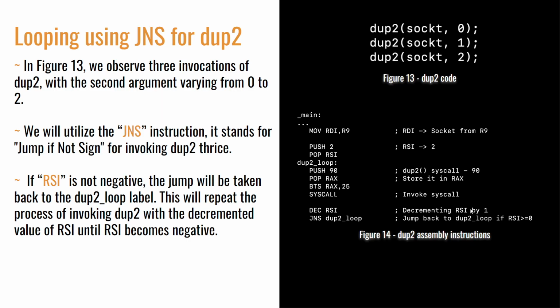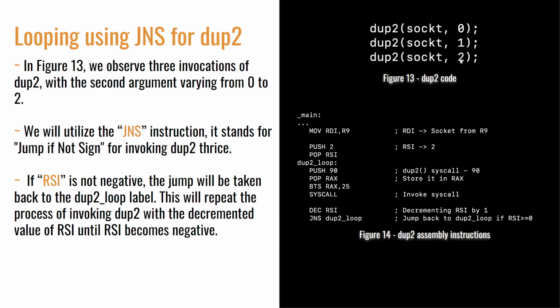Now the third part is the dup2 function being executed, which basically executes 3 times. We observe 3 invocations of dup2 with the second argument varying from 0 to 2.